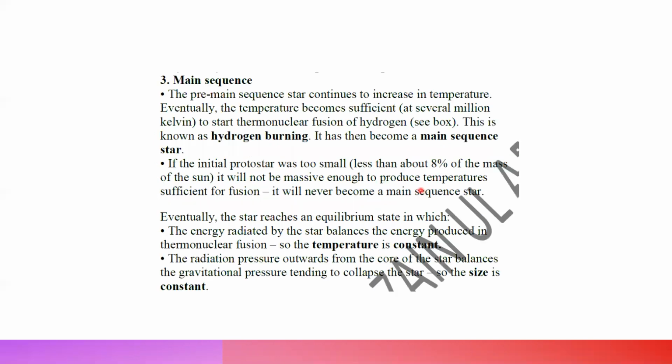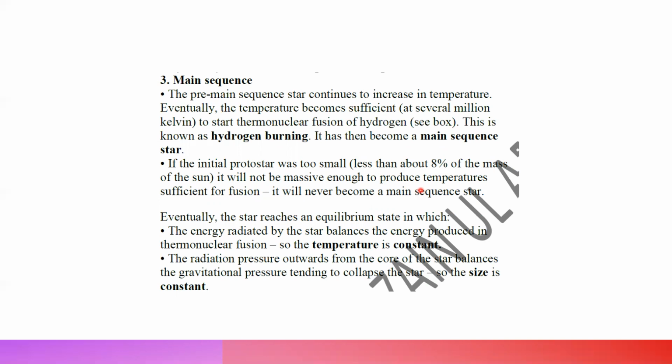Then it turns into a main sequence star. The star continues to increase in temperature, and eventually sufficient heat is released to cause hydrogen fusion. Continuously the temperature increases, and it becomes sufficiently hot to undergo nuclear fusion of hydrogen.